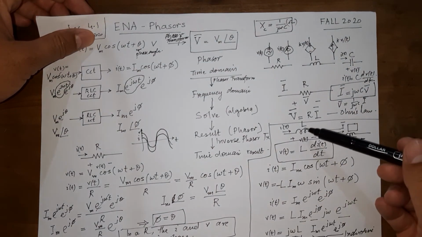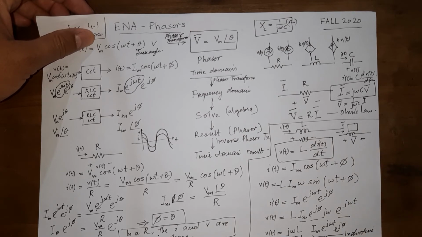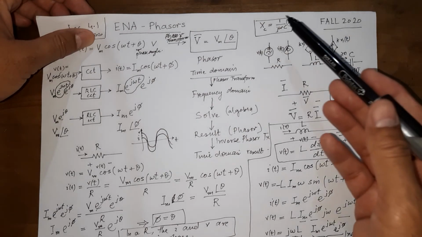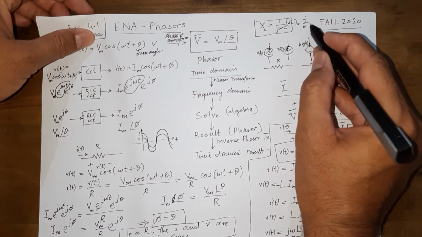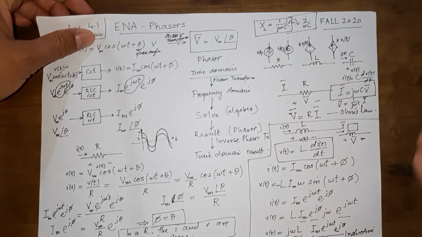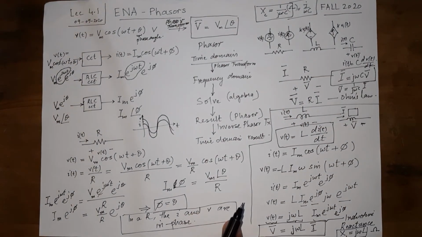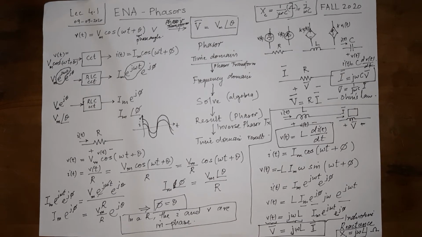So an inductor L becomes j omega L, and a capacitor with capacitance C becomes 1 over j omega C, and this can also be written as minus j over omega C. Now you can go back and recheck all the questions that you have done following the previous lectures, and you can see that we have understood how each circuit element is changed to the equivalent circuit element in the frequency domain.